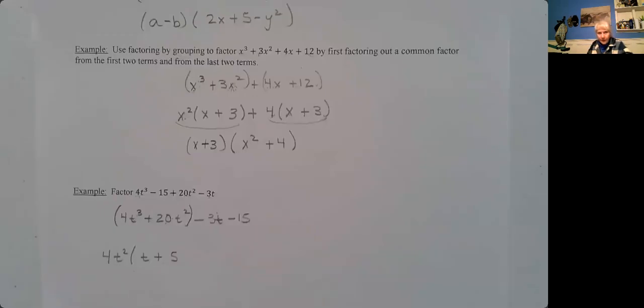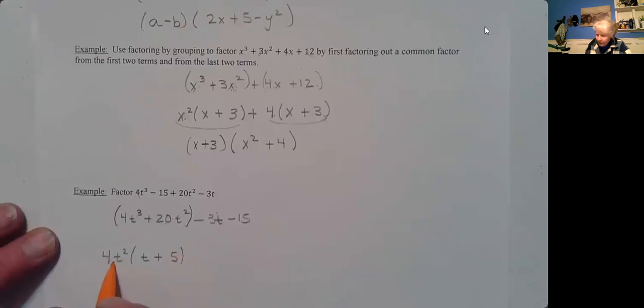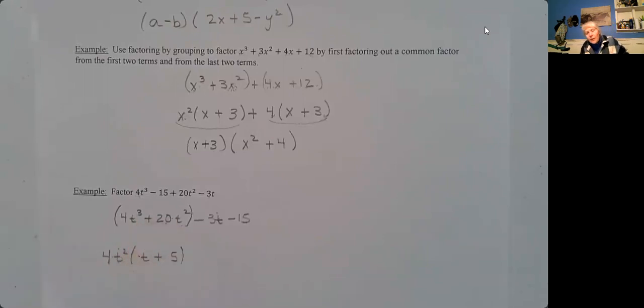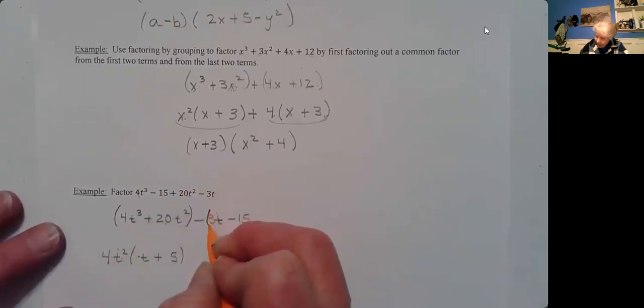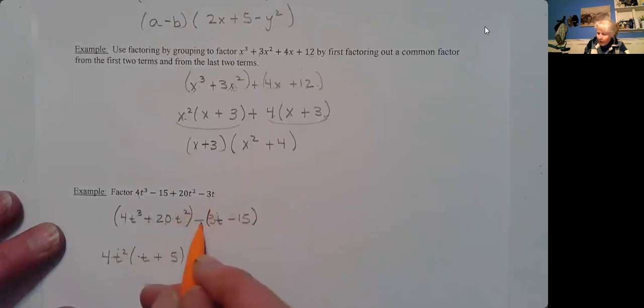Wow. All right, so here, what we did is we just pulled out a 4t squared. And if you multiply, you come back to the original. Now, this next one, this is the tricky part. When I put parentheses here, I've created a -1 times what's inside. So when you put parentheses and there's a minus there, you have to change this sign.